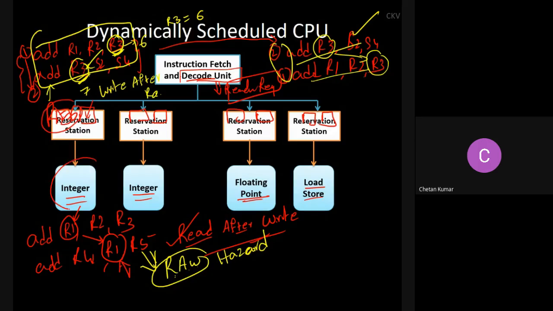It might not be used in the functional unit yet, because the functional unit may not be available, or it might be waiting, or whatever be the reason. So once you get the value of 6, even though this instruction is not executed completely, can I execute the second instruction in that case?